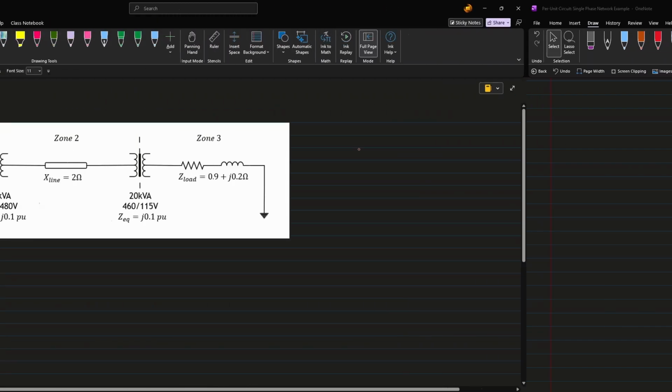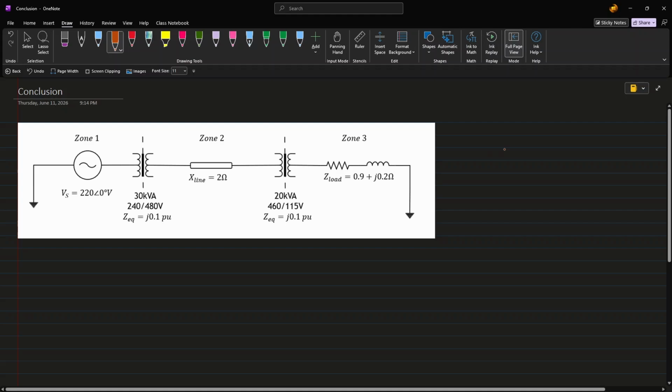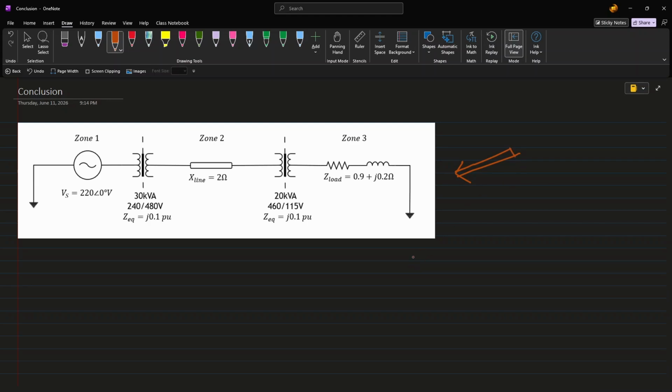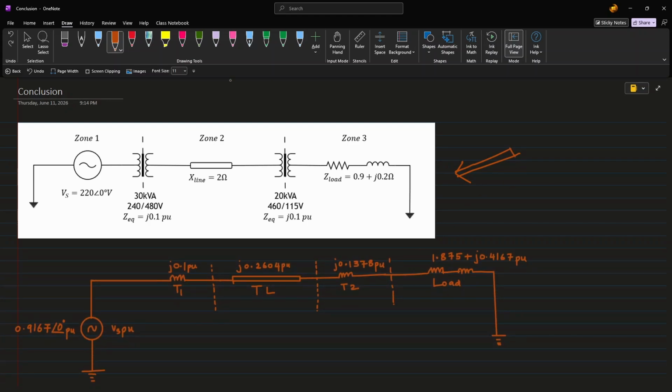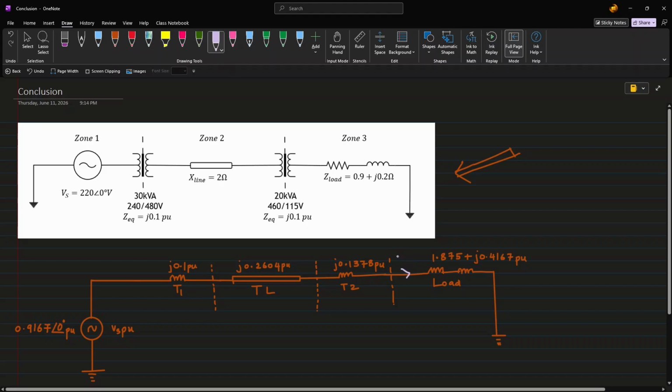In this lecture, we introduced the fundamentals of the per unit system and applied them to analyze a single phase network. By converting the network to its per unit equivalent circuit, we were able to simplify the calculations and determine important quantities such as the load current with relative ease.